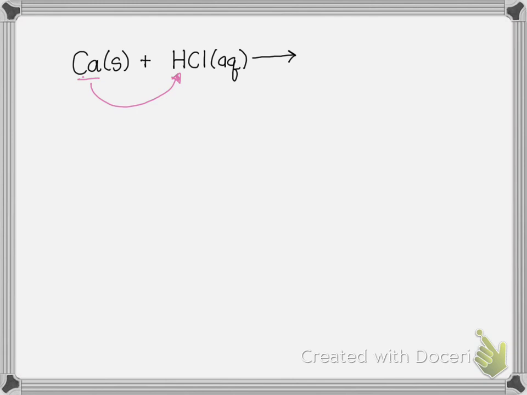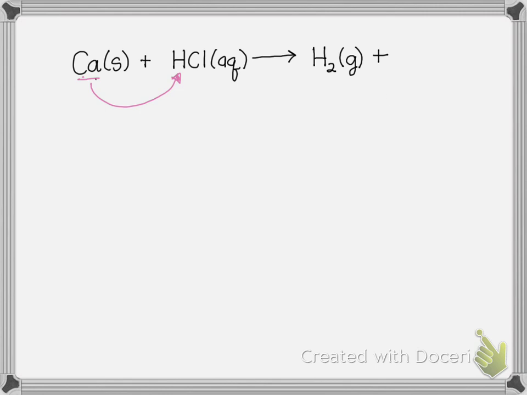So let's look here. It's going to kick out hydrogen. So we get H2, because hydrogen's one of the diatomics, and hydrogen is a gas. So we would expect to see some bubbling going on here. And then calcium is going to get together with chlorine.